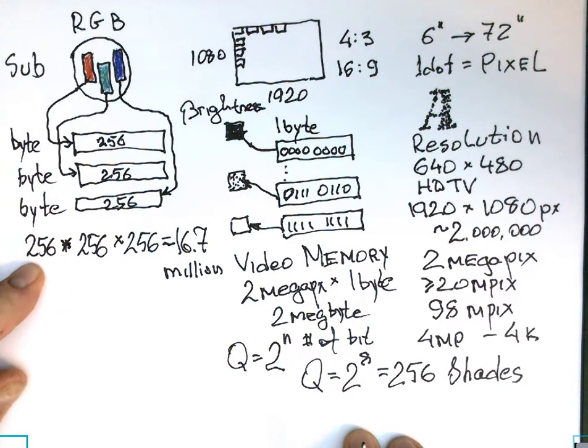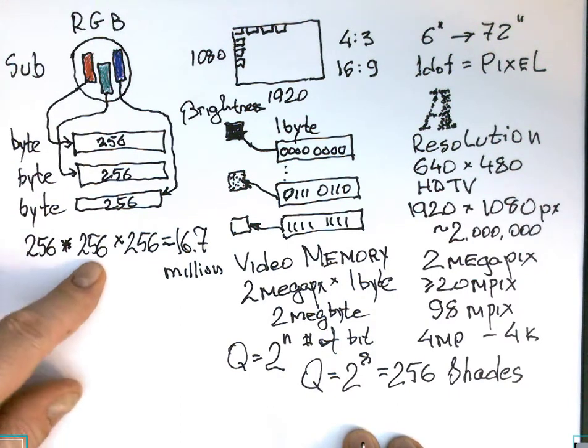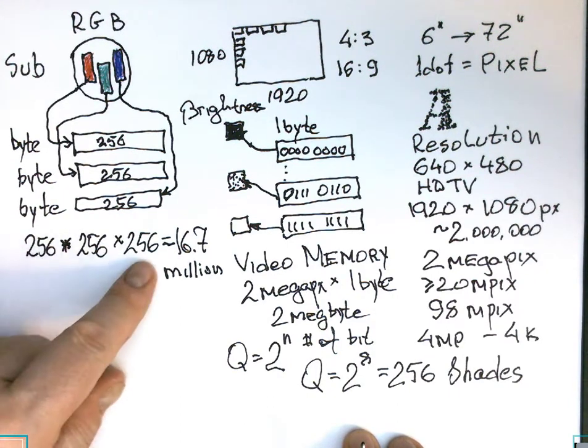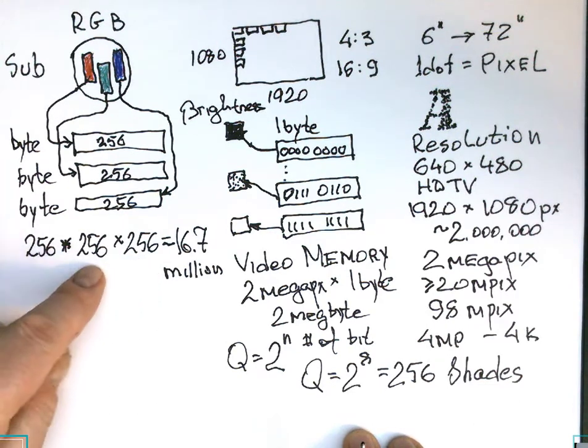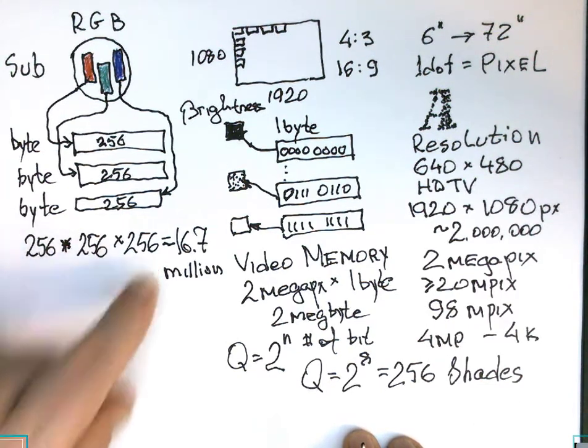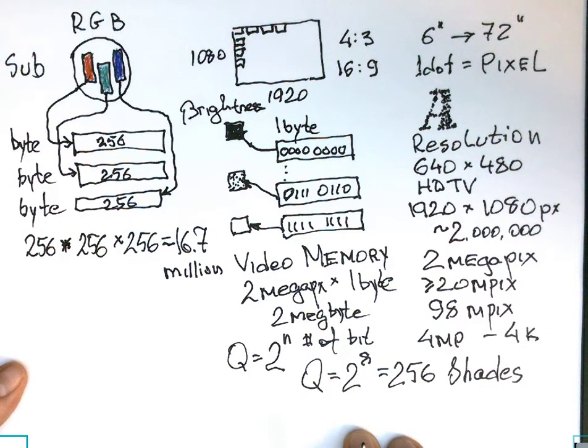Why do we multiply? Because every shade here could be corresponding to every shade here and corresponding to every shade here. So every multiplied by every times every. That will be 256 by 256 by 256.